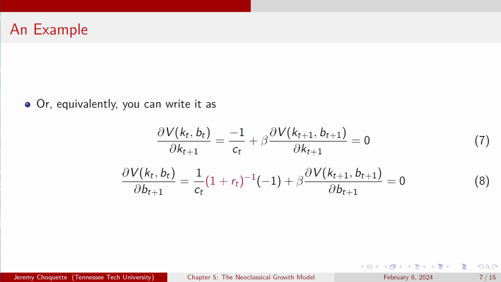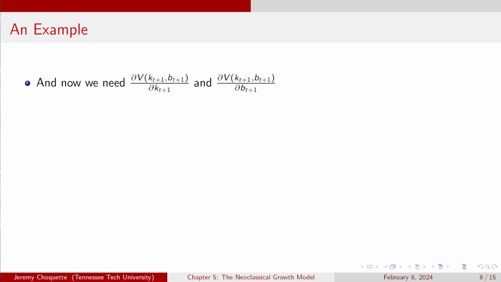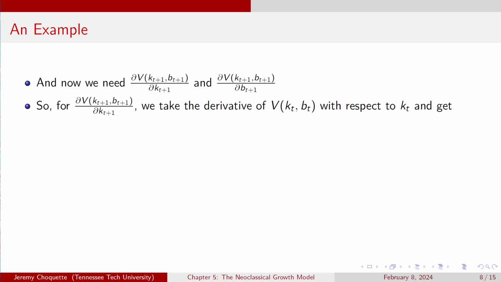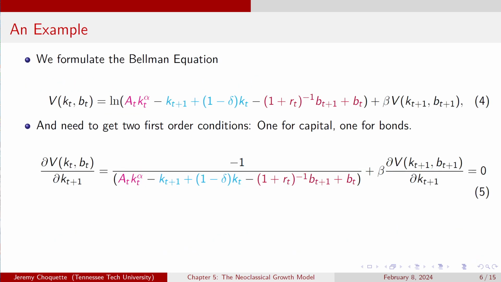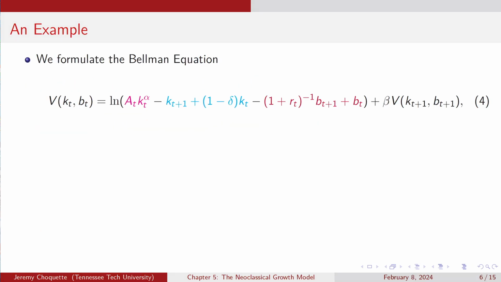So we need to get derivatives that do align. And how do we do that? Well, we go back to our Bellman equation, right? The first thing that we had, we go back to this guy right here, and instead of taking the derivative with respect to bt plus 1 and kt plus 1, we take the derivative with respect to bt and kt.